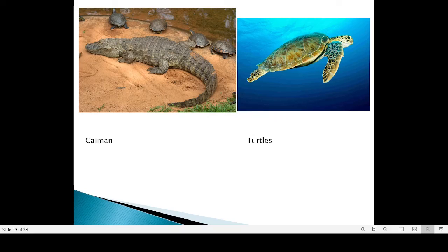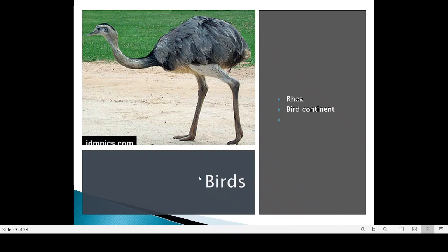These turtles are characterized by the presence of flipper-like limbs, and with the help of these flippers they are able to swim in the river waters. These turtles are also large tortoises living in the sea. Then there are a few more examples.